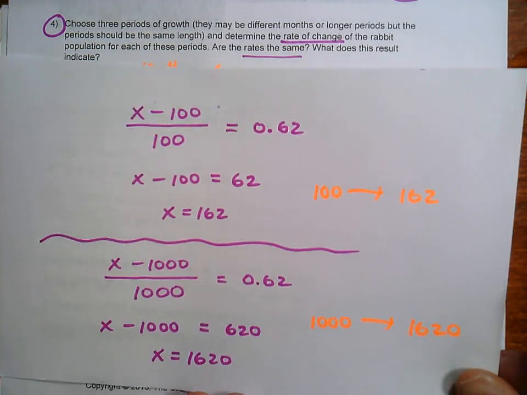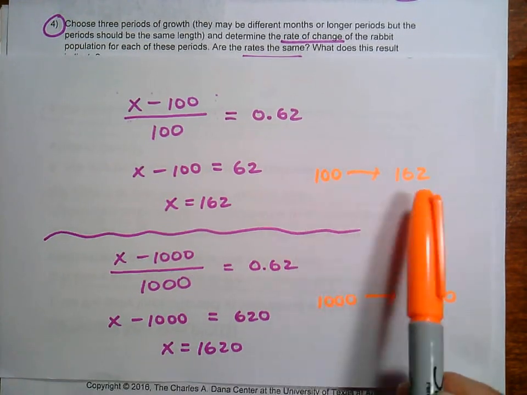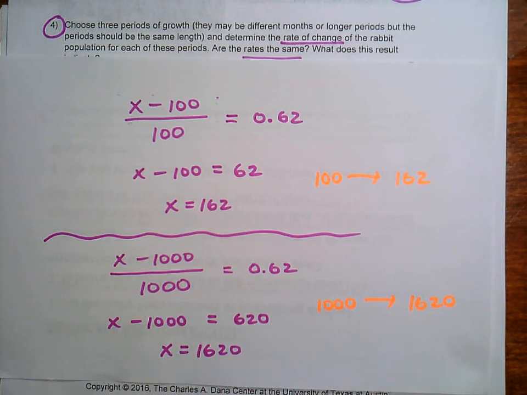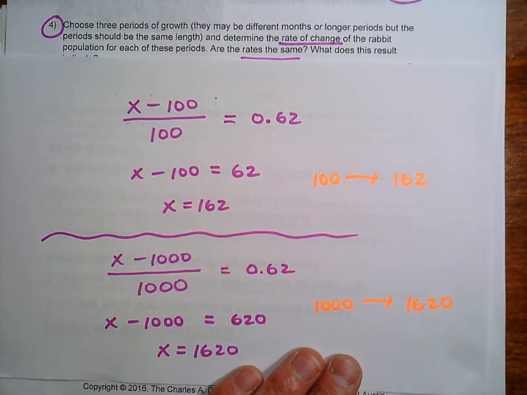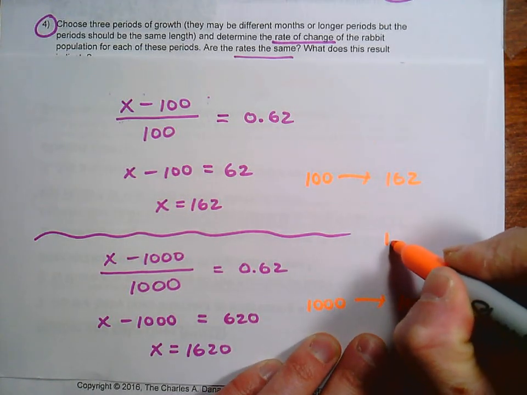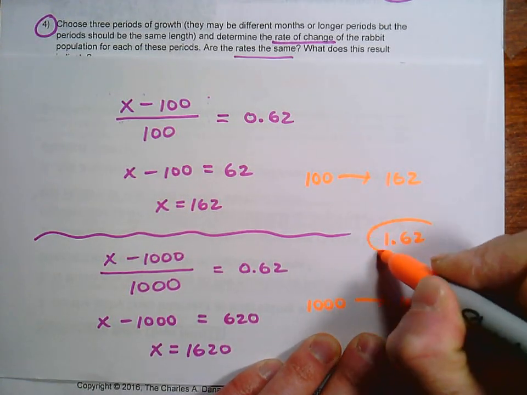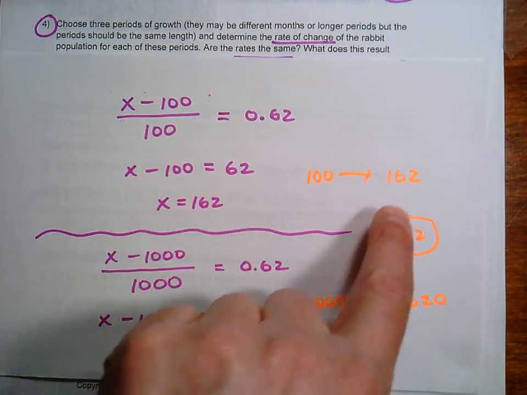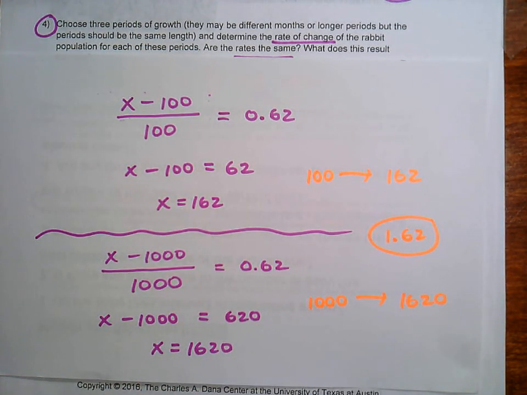So we want to say, what number do we have to multiply this by to get this number? And the same question we're seeing right here. So the multiplier that we can see, or we can say it's like a scale, is 1.62. So if you take the previous number and you multiply by 1.62, you're going to get this entry here. So that's something we can use in the next question.